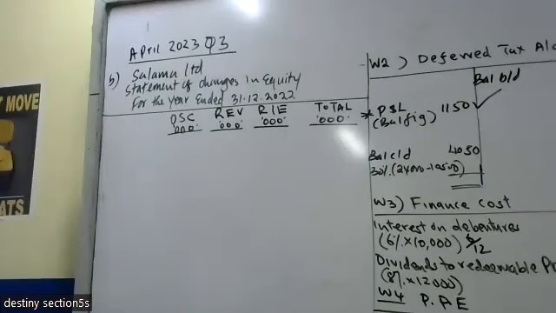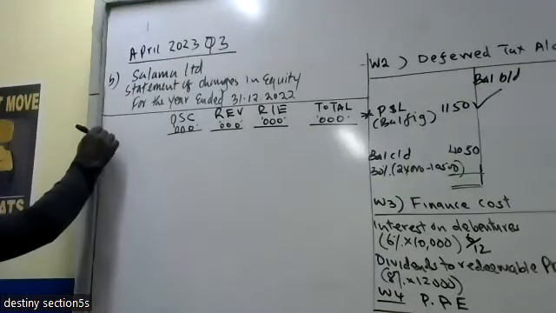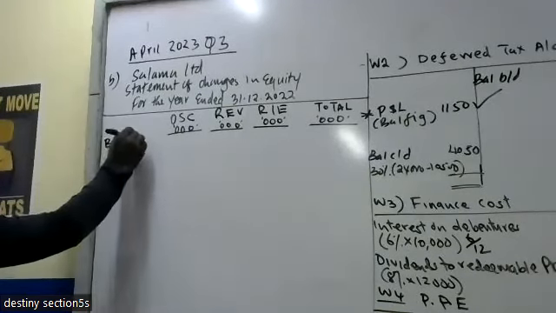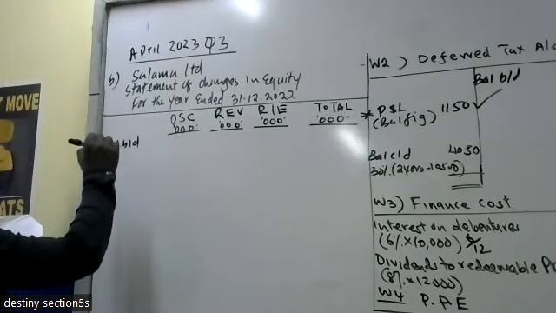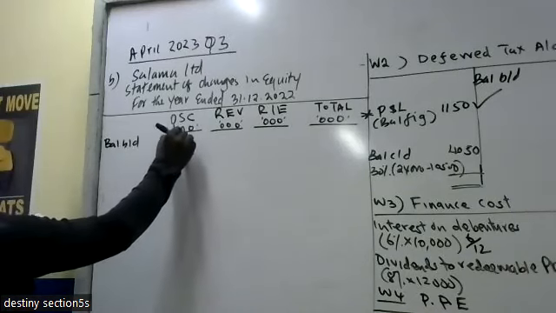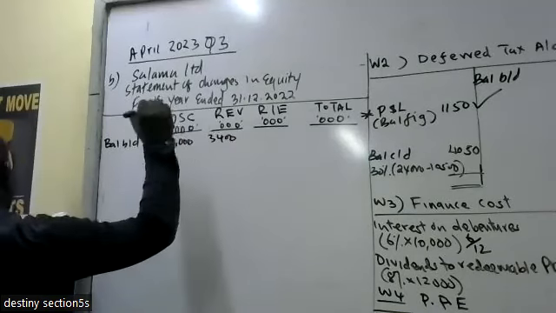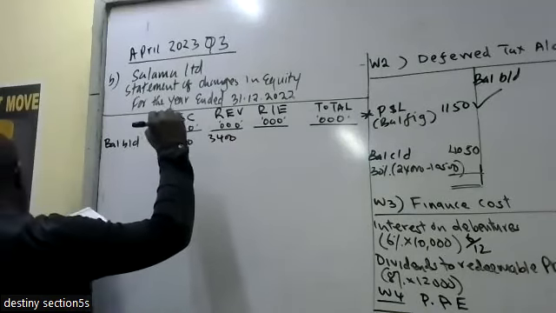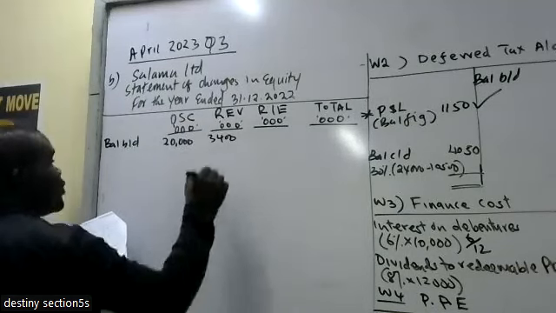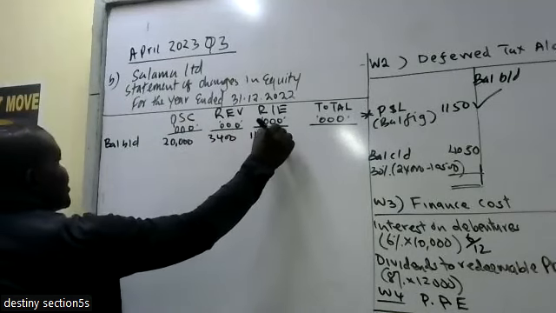I hope people are ready. So balance brought down. Ordinary, the first item, 20. Revaluation, 34. Retained earnings, 14,160.